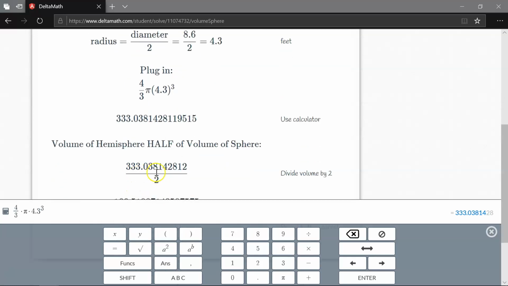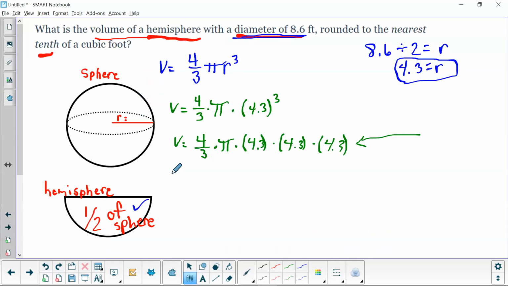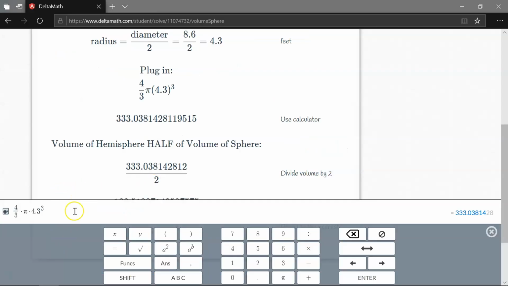I have to cut it in half, because a hemisphere, if we look back over, is the bottom or top half of a sphere. So how do we do that? Well, we can look at this thing over here, and we can start typing 333.038.